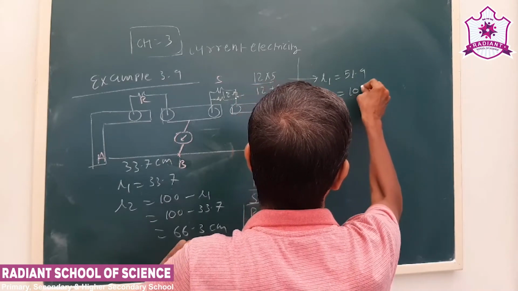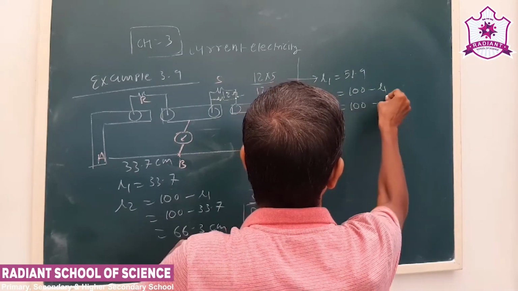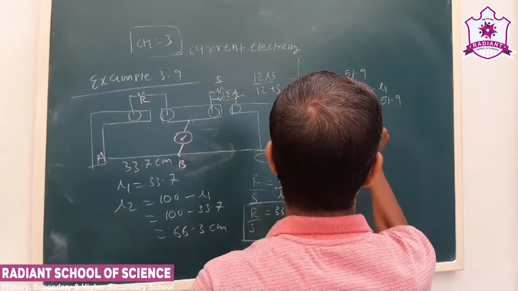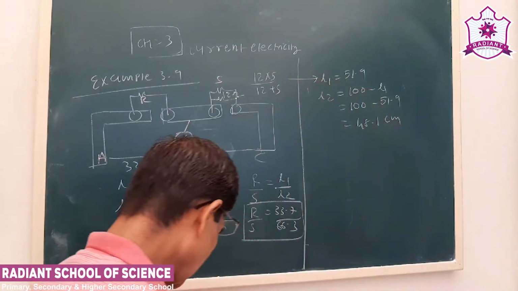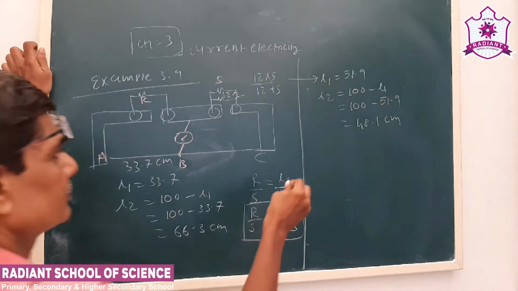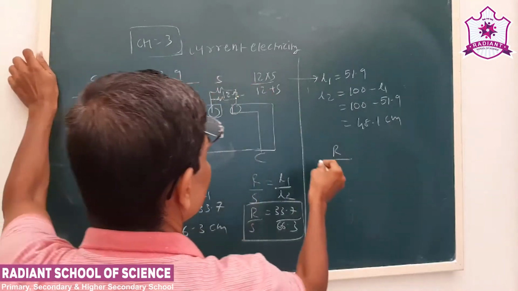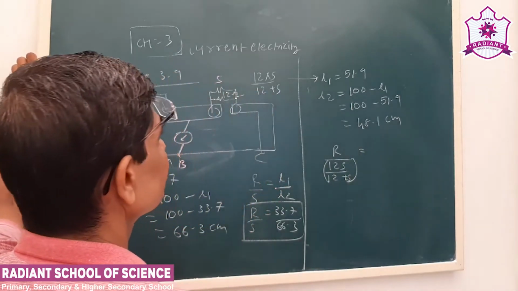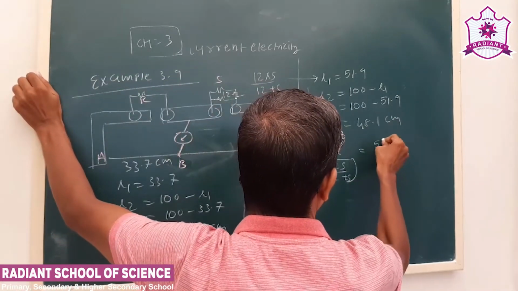L2 will be 100 minus L1. Now how will the equation be formed here? R upon 12S upon 12 plus S is equal to L1 upon L2.